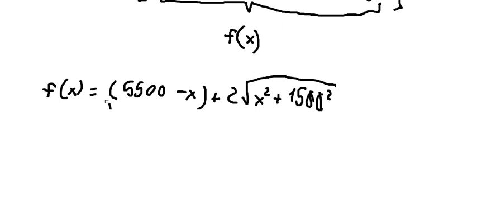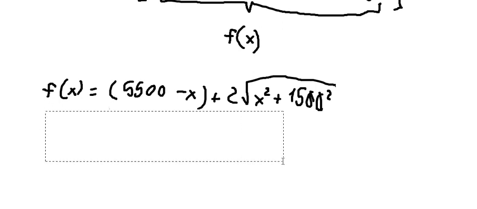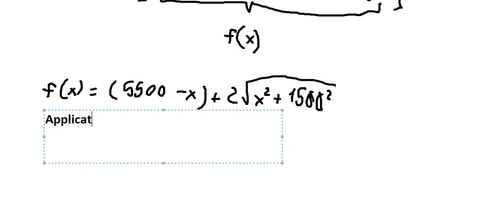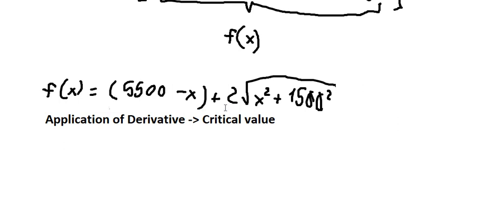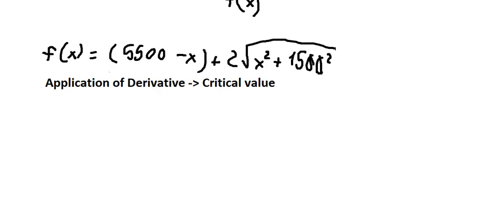First we take the derivative of f of s, which is an application of the derivative, so we can find the critical value. Later we can find the minimum value.